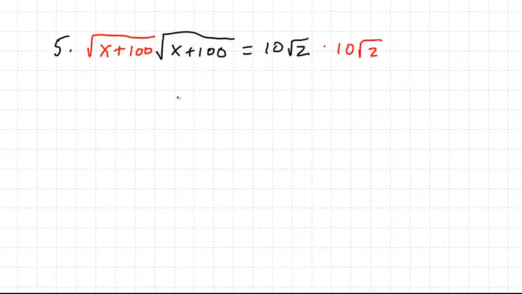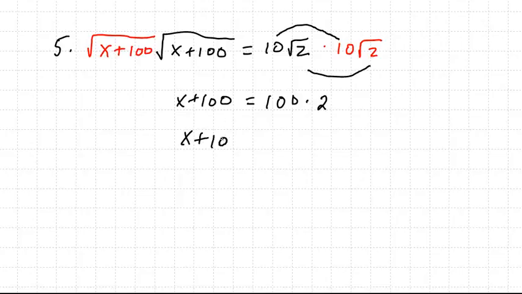I'm going to be left with x plus 100 on the left side. And 10 root 2 times 10 root 2, I'm going to multiply the 10s together to get 100. I'm going to multiply the root 2's together to get root 4, or just 2. So x plus 100 is equal to 100 times 2, 200. Subtract 100 from both sides, and x equals 100.